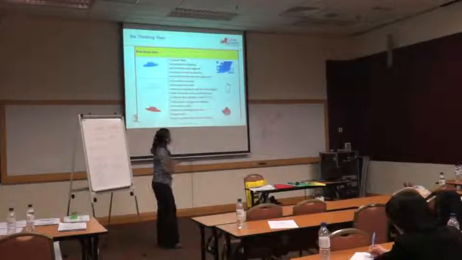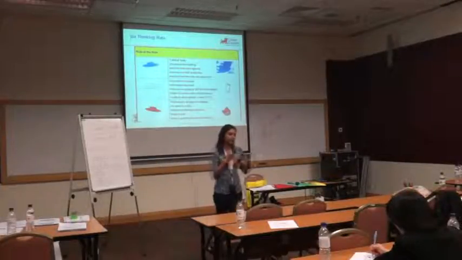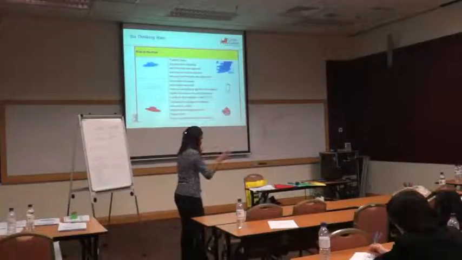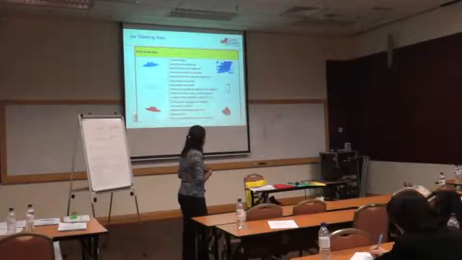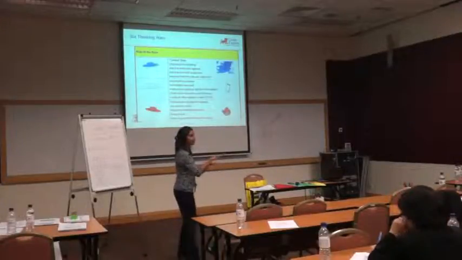Okay, and the next one is white. When you are all wearing the white hat, you are supposed to come out with information that you already know about that particular issue or situation: information we know and information we need, not information that is not there. Basically, these are the people with data.